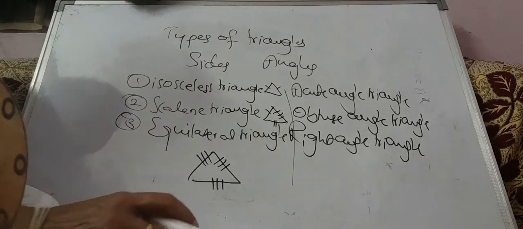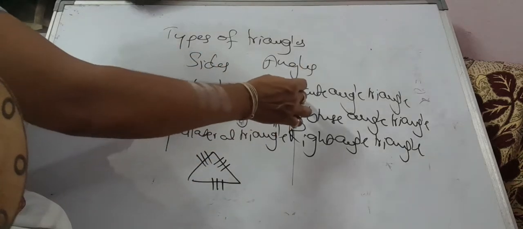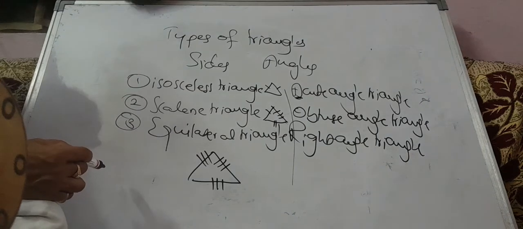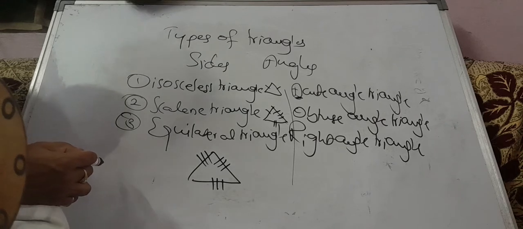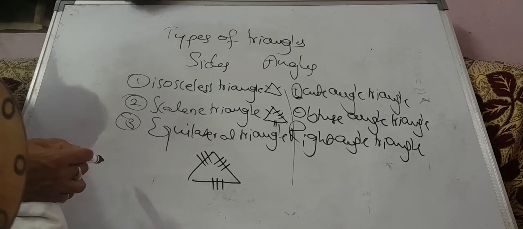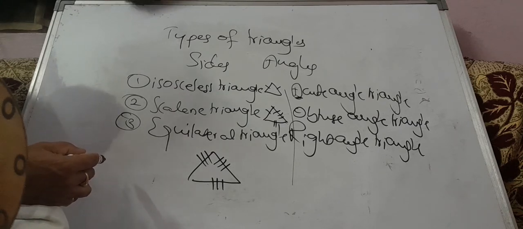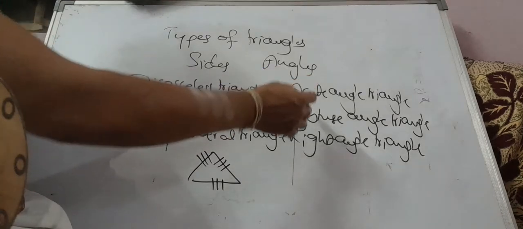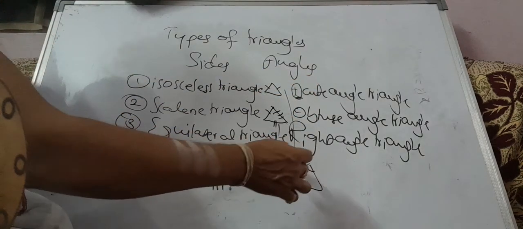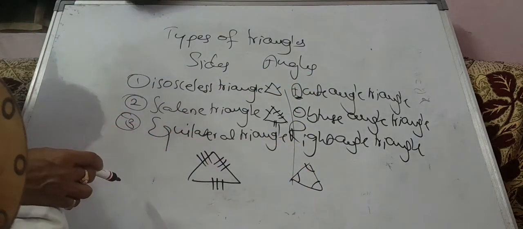And what is an acute angle triangle? Here acute means all small angles. Saying "all acute" is not a proper way to speak in mathematics, but I am telling you just to remember. If all angles are acute angles, that is, if every angle is less than 90 degrees, that is called acute angle triangle.